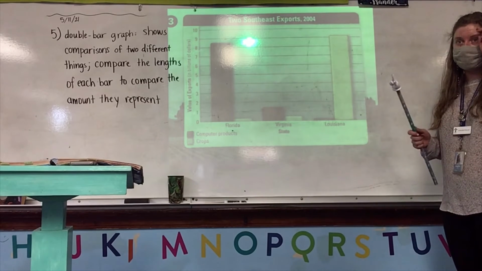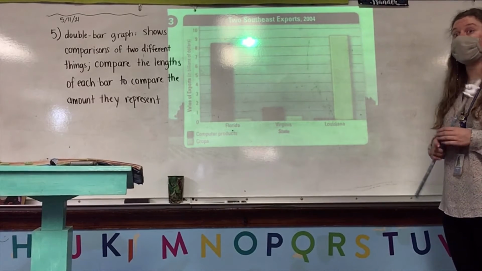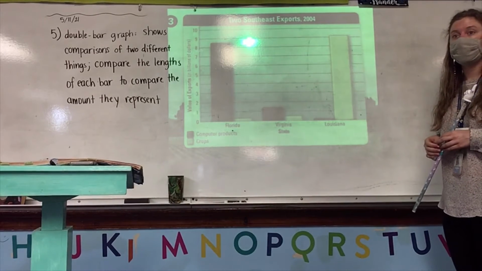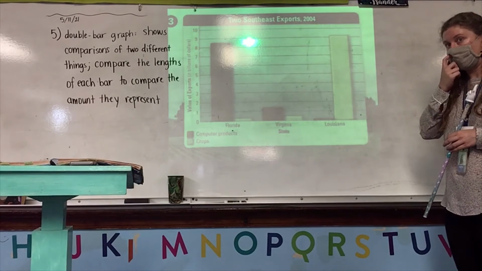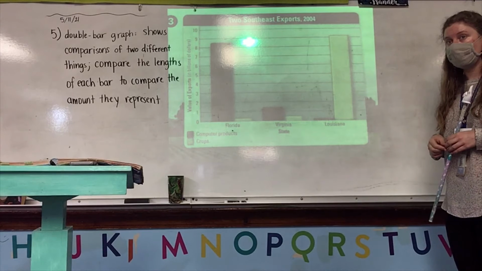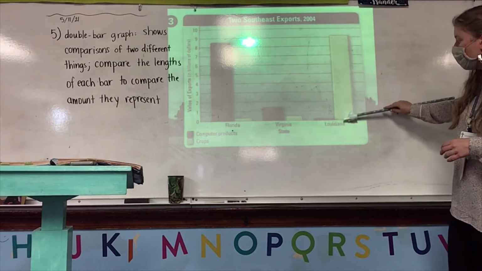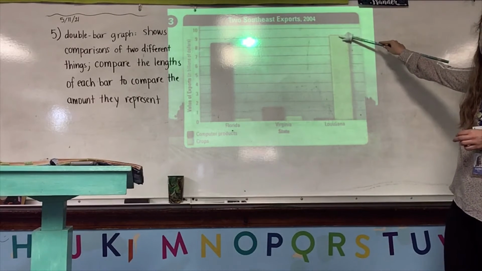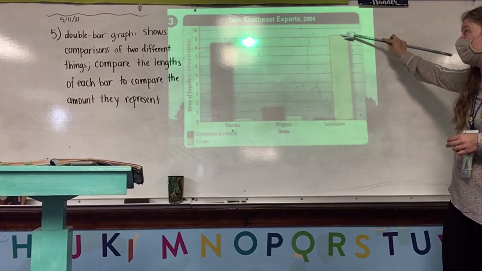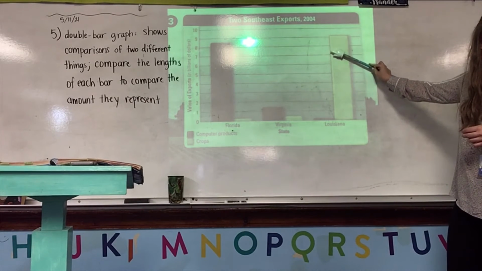Because the yellow bar shows how much they have, and then the red bar shows that they haven't made that much of that. So we know they exported more crops in Louisiana because the bar is so much larger.